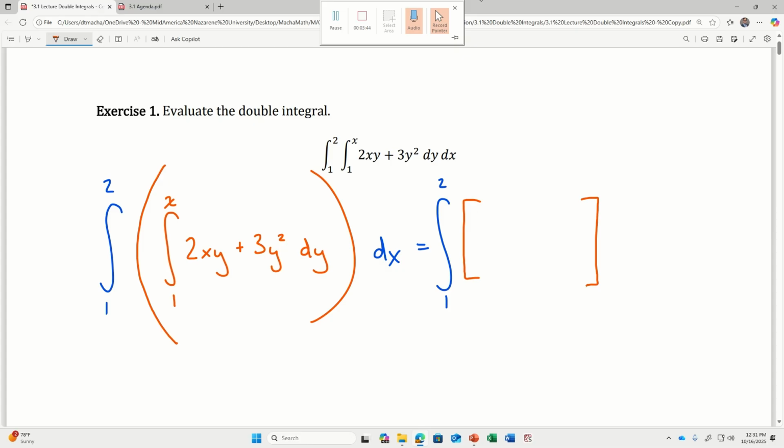Now when I take the antiderivative with respect to y, I'm going to pretend that x is a constant. So like my antiderivative of 2xy with respect to y would be x times y squared. What's the antiderivative of 3y squared? Y cubed. And then we had lower bound 1, upper bound x.